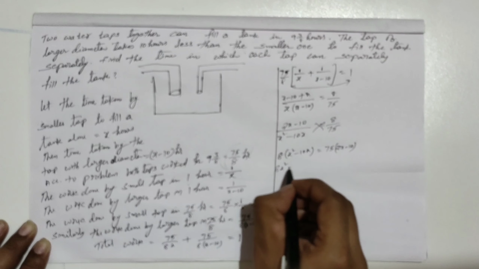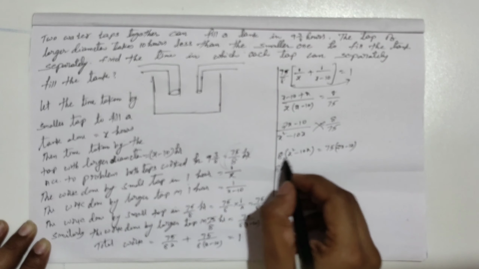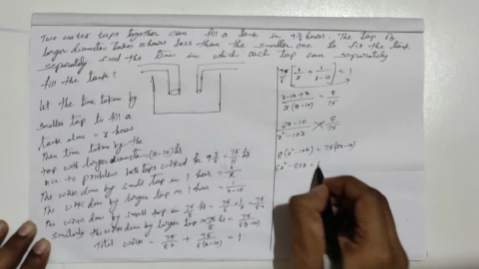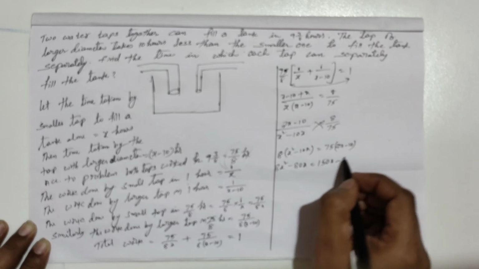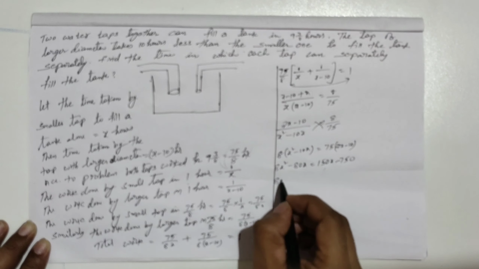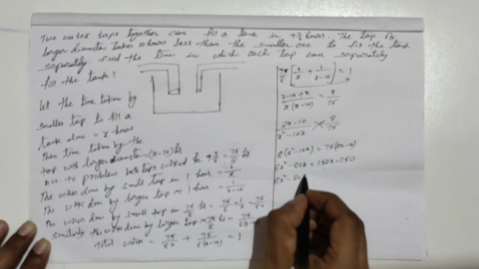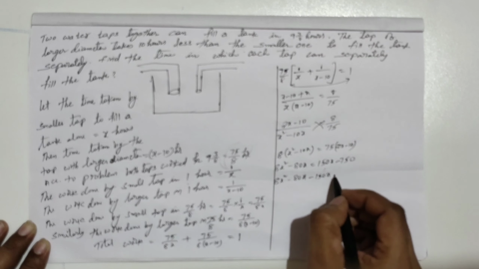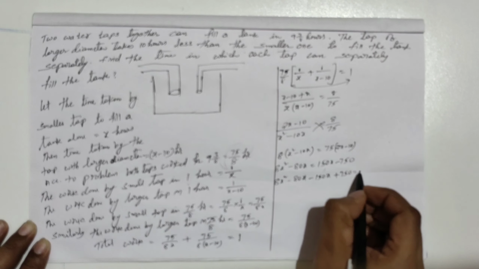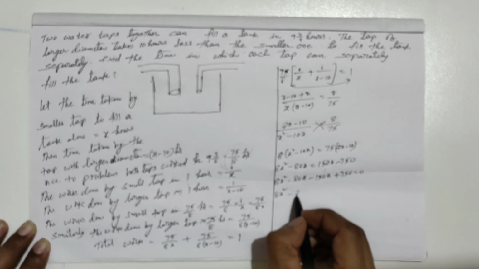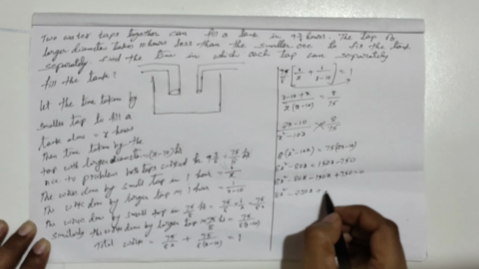Now on multiplication, 8x square minus 80x is equal to 150x minus 750. Now take these two terms to the left side: 8x square minus 80x minus 150x plus 750 equal to 0. Then 8x square minus 230x plus 750 equal to 0.